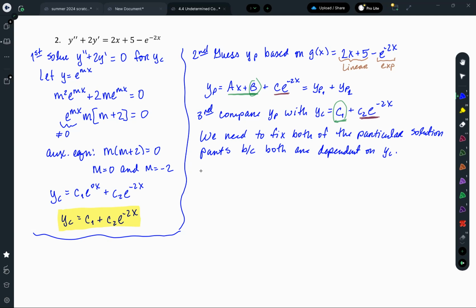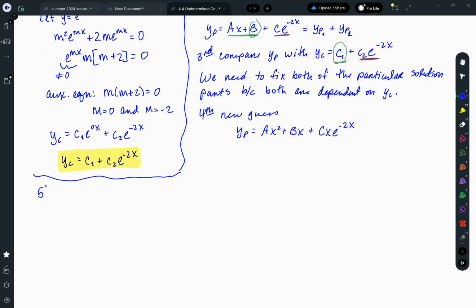So my new guess is y sub p equals ax squared plus bx, that fixes the linear, plus cx e to the minus 2x, that fixes the exponential. And now if I compare this to y sub c, I don't see any repetitions. So we're good. We can use this.